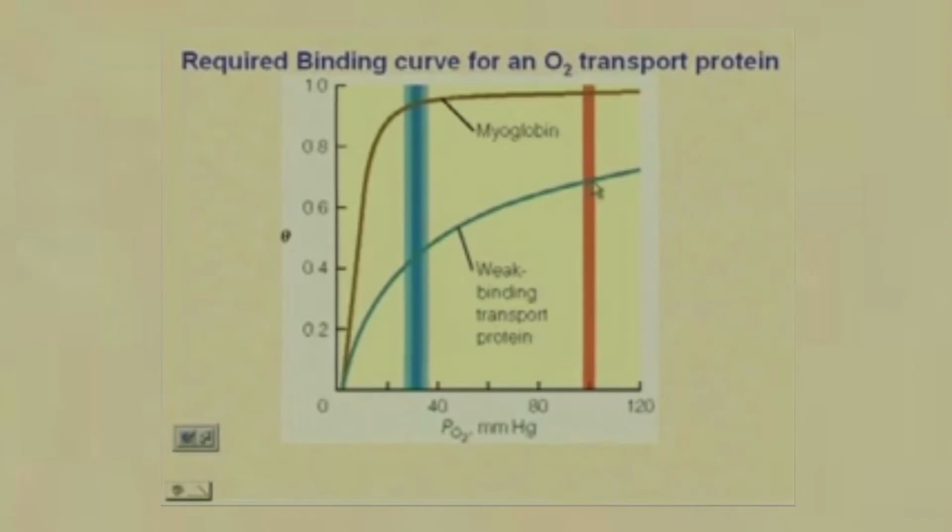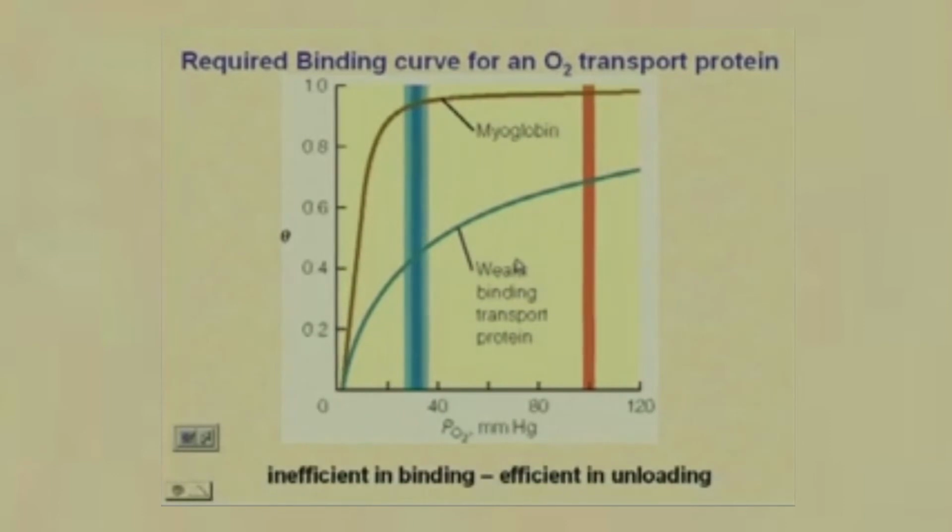It is pretty inefficient, because even when I am close to 100 millimeters of mercury, I still do not have even 70% oxygen bound, right? So in this case, I have something that is efficient in the unloading, but inefficient in the binding. So in this case, I have a weak binding transport protein.